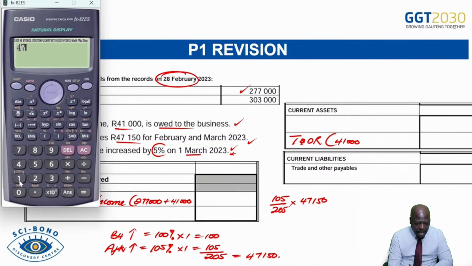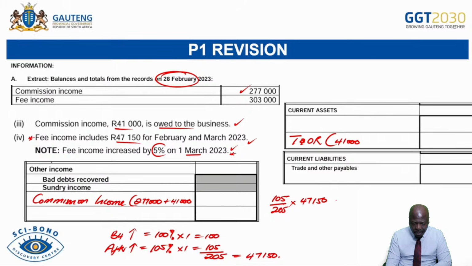So it's 47,150. Then we multiply that by 105, and that should be over 205. And that would therefore give us 24,150. So we end up with 24,150. What is this? This is income received in advance.